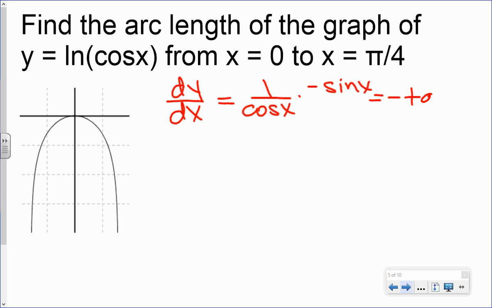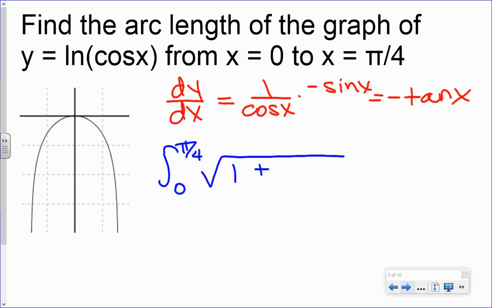Still going to whine. Okay, good to know. When we go to calculate our arc length from 0 to pi over 4, we're going to take the square root of 1 plus the derivative squared.